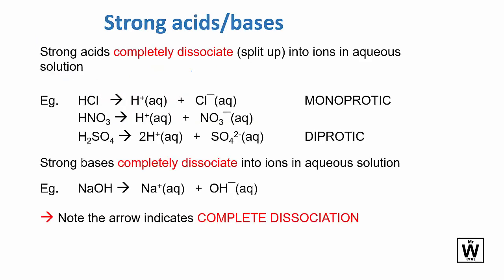So just to go into a little more detail now, so completely dissociate. The word dissociate is the scientific term that we use, and strong bases completely dissociate as far as we're concerned.